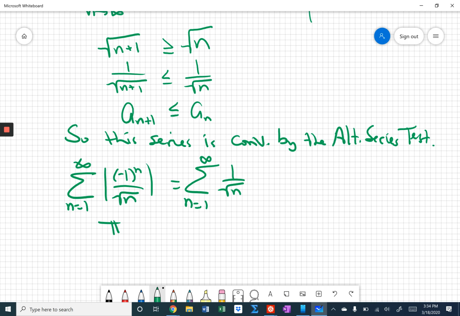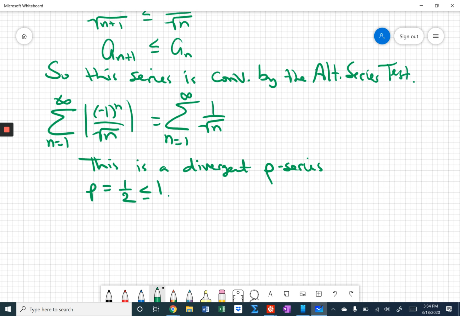This is a divergent p-series because p, which is equal to 1/2, is less than or equal to 1. And so the series formed by the absolute value of the terms does not converge.